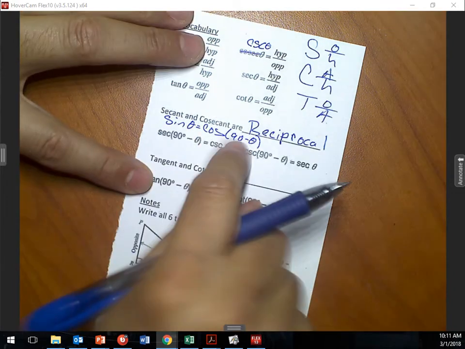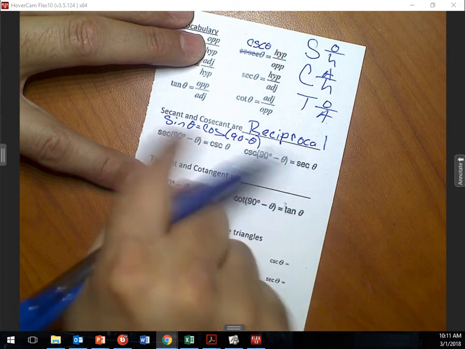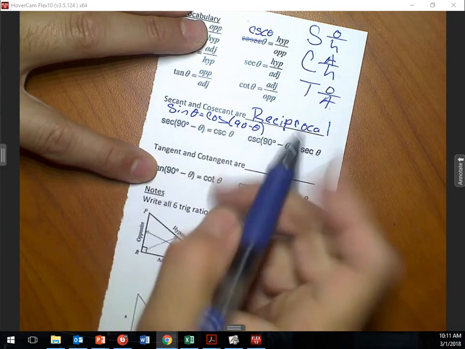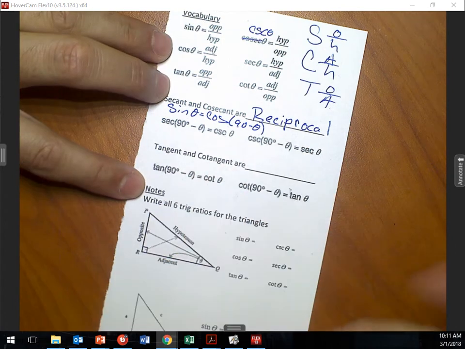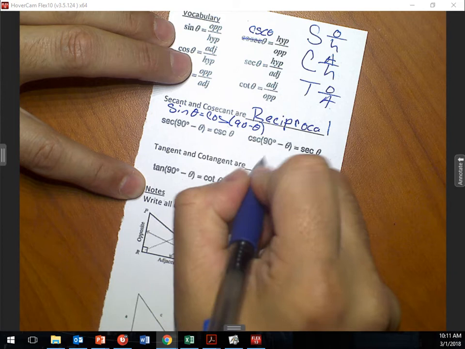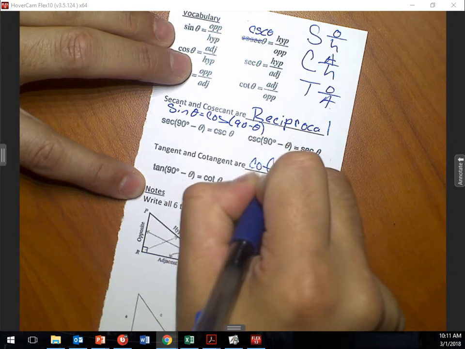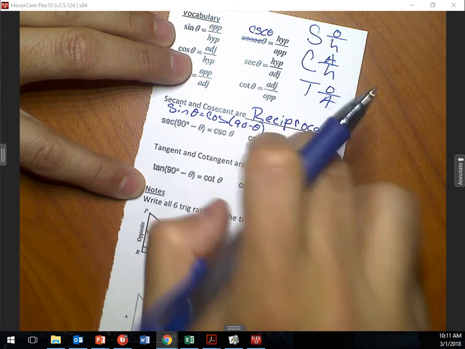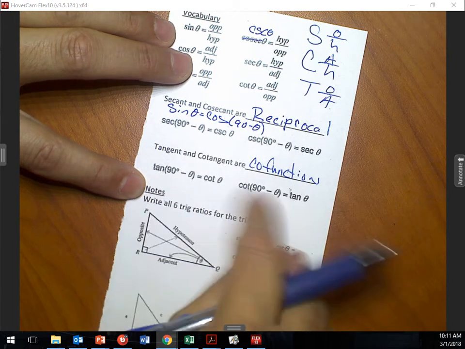So they're cofunctions of each other. When you want to find the other, it's 90 minus. These are going to be good for later. Tangent and cotangent are also cofunctions. They're reciprocal and they're also cofunctions of each other.